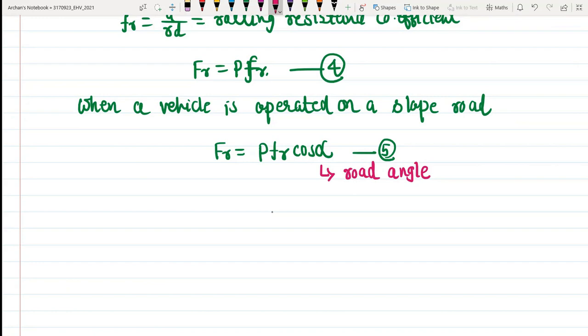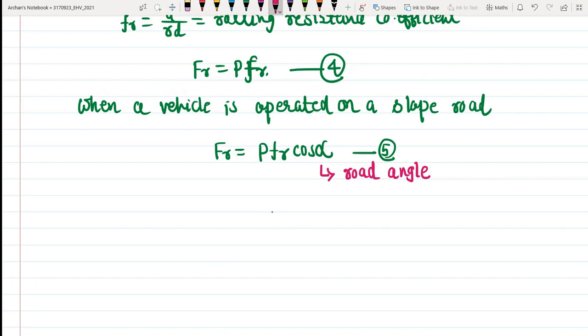Okay, so this rolling resistance coefficient fr is a function of the tire material, tire structure, tire temperature, tire inflation pressure, tread geometry, road roughness, road material, and the presence or absence of liquids on the road, right?